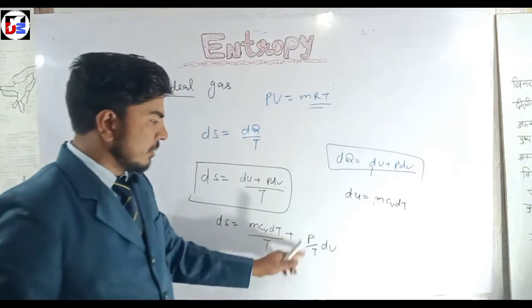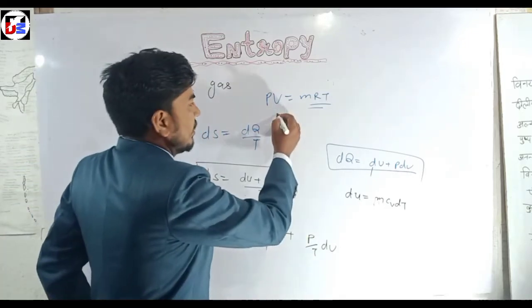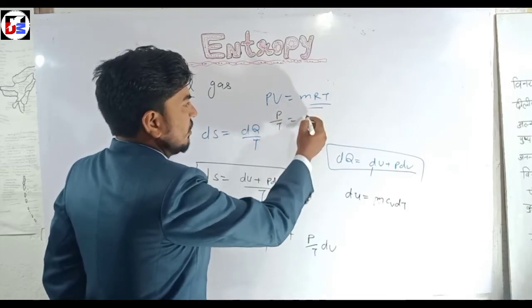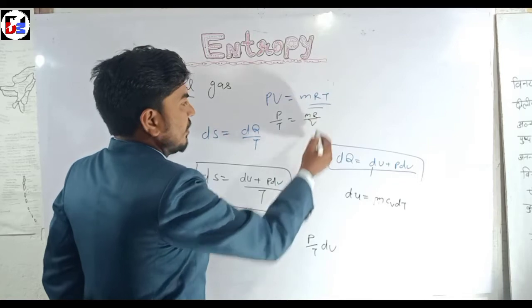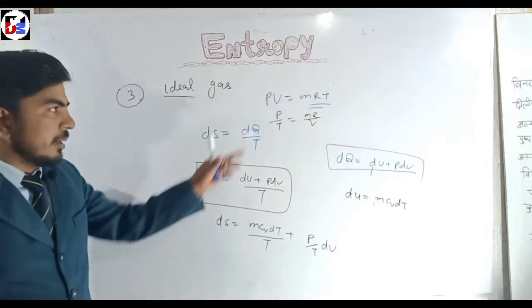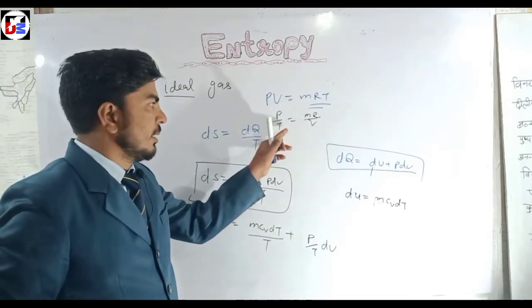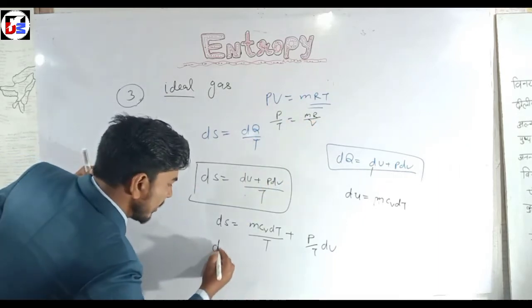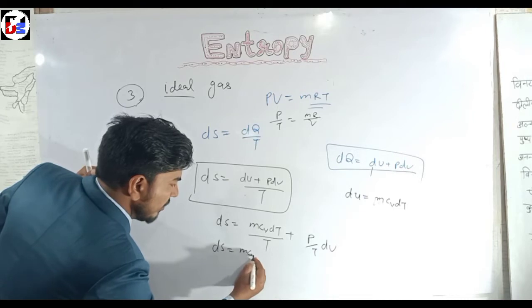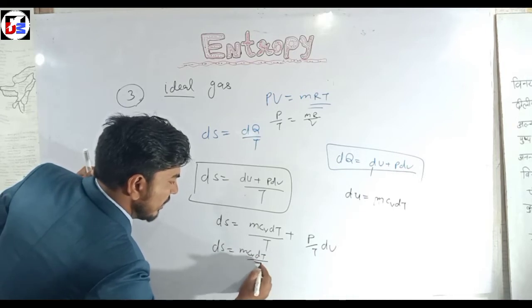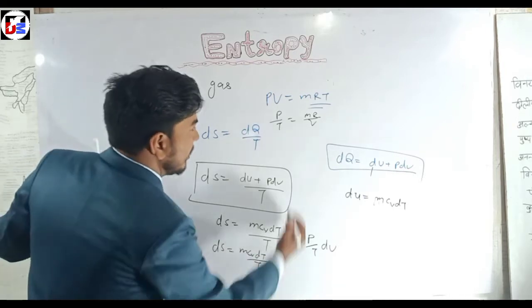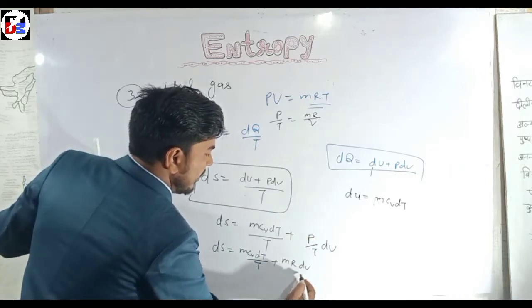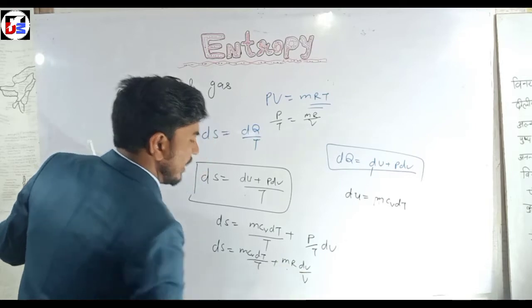You also calculate the p by T value. Here p by T is equal to mR by V, and putting the value, dS is equal to mCv dT upon T plus mR dV upon V.